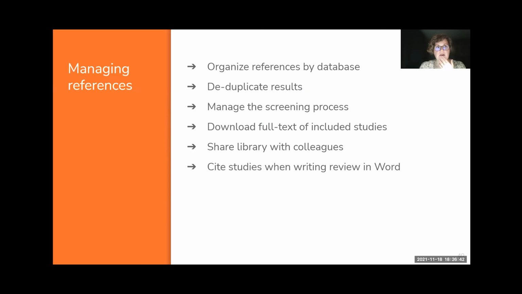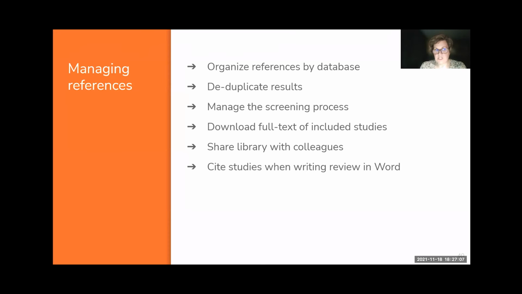Also, you need to keep a record of what you're doing, as I said. Once you have done the search from all the databases, you need to deduplicate the results, meaning from Medline and Embase, you'll have a lot of the same results. So you need a tool that will help you remove duplicates.